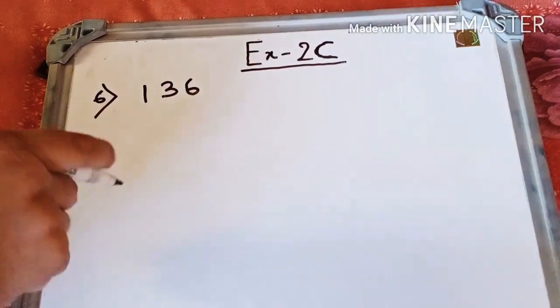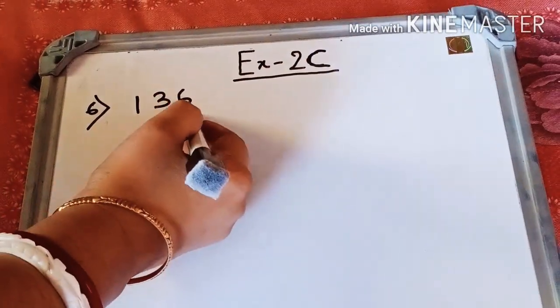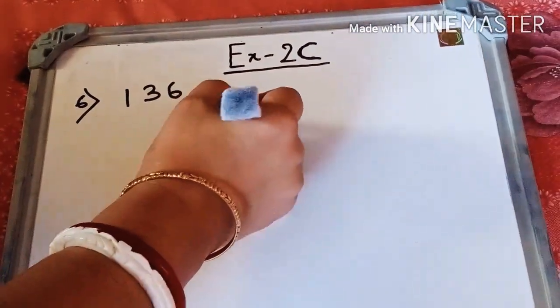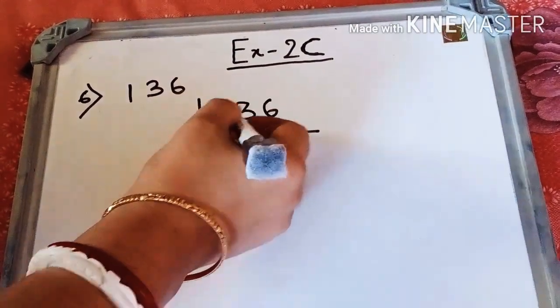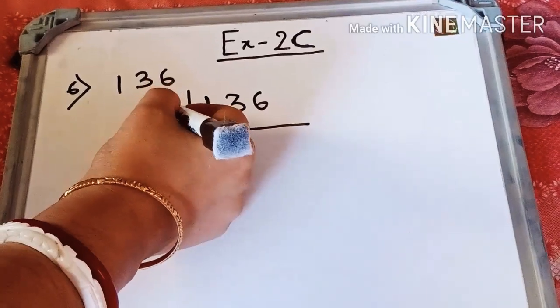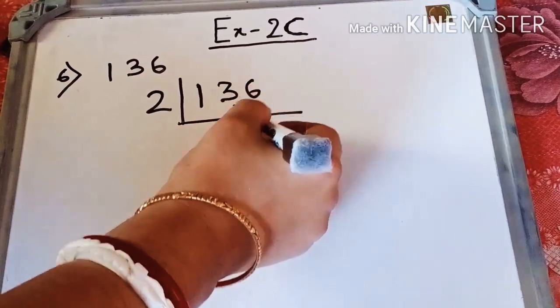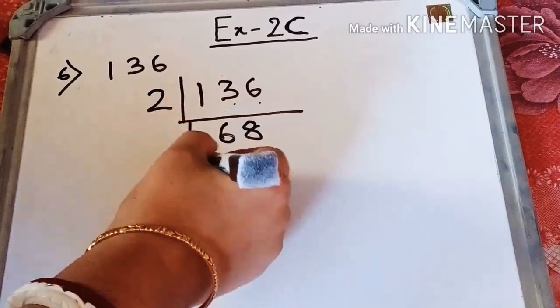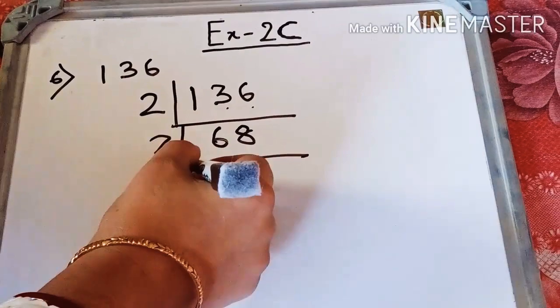Okay. We have question number 6, 136. Again we will be using the division method. So we write 136. This is an even number, so we can start dividing it by 2. So 2 6s are 12. Again 2 8s are 16. 2 3s are 6, 2 4s are 8.